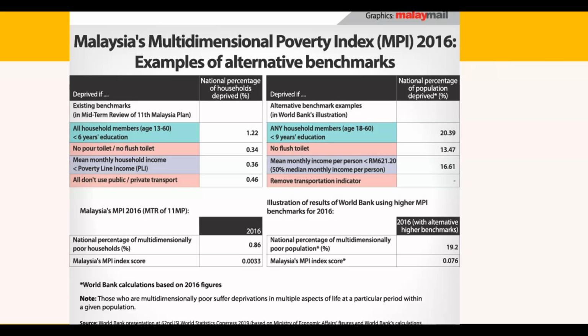For example, from Malaysia itself, we define deprivation in terms of school education as: deprived if all household members receive less than 6 years of education, which means all the household members.